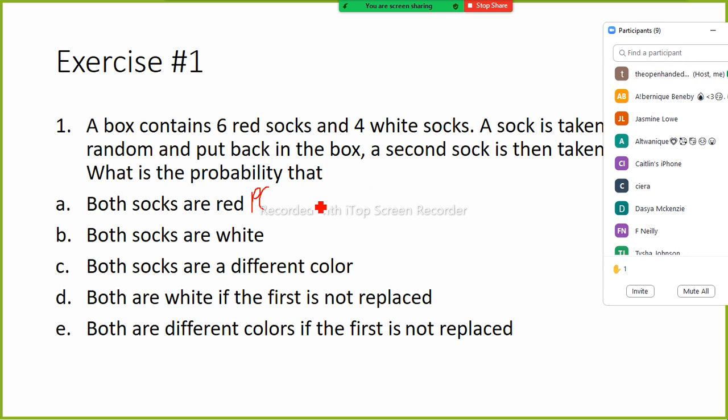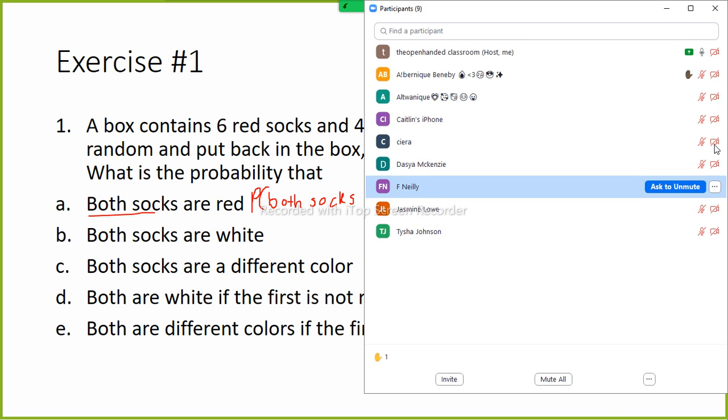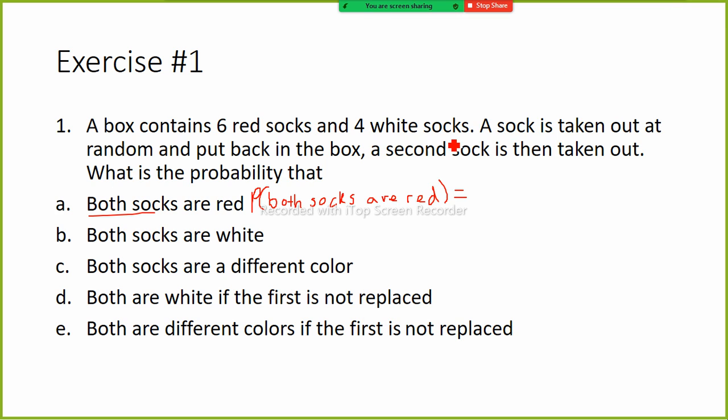Very good. So if we want the probability that both socks are red, that's gonna be equal to the probability that the first sock is red. Remember here we were replacing it, so we taking it out the box and putting it back.